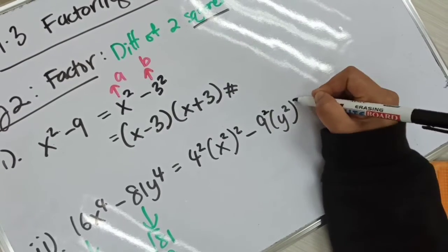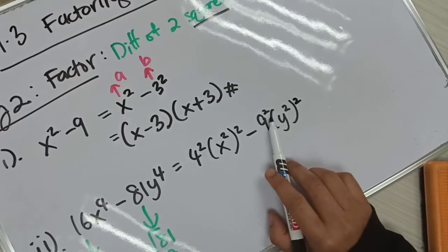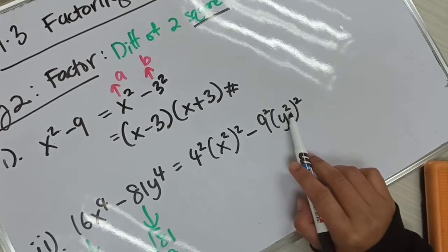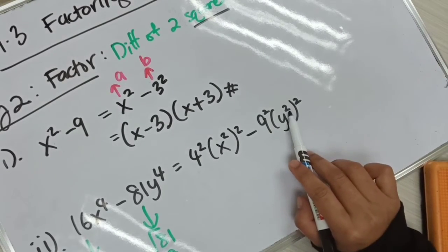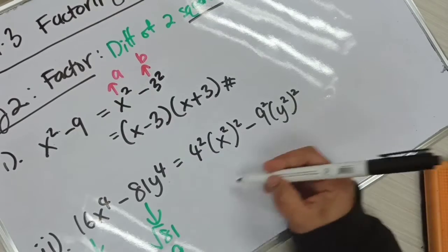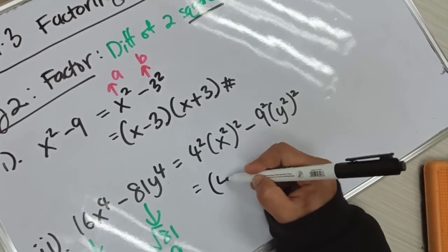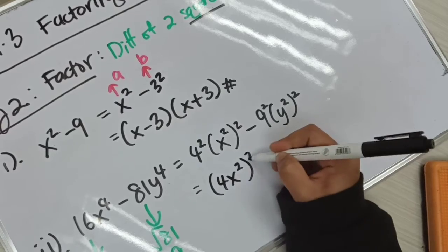Here we have 2, we have 2. So 9 square gives 81, and y square to the power of 2, 2 multiplied by 2 gives power of 4. So now can you put all of this into one bracket?